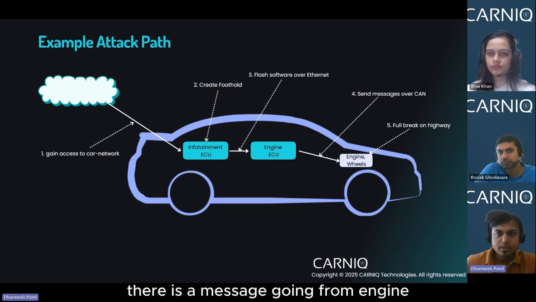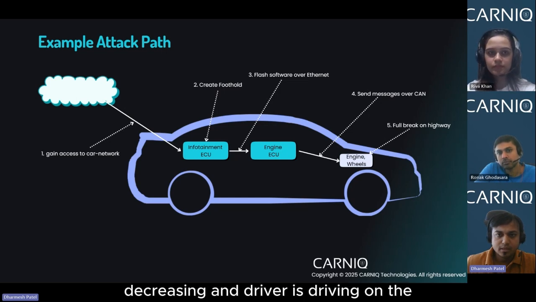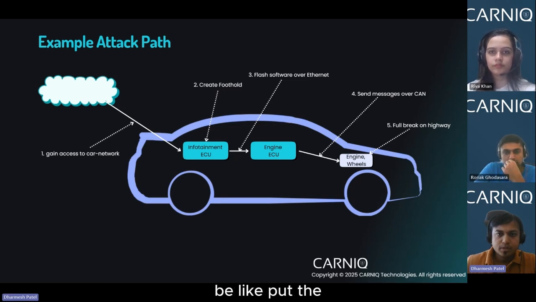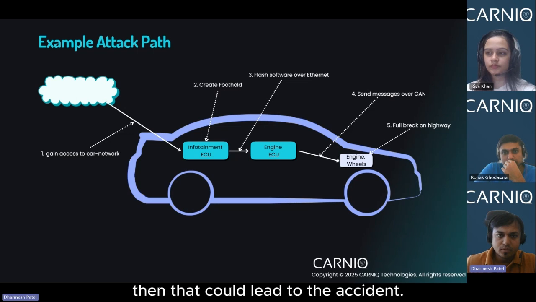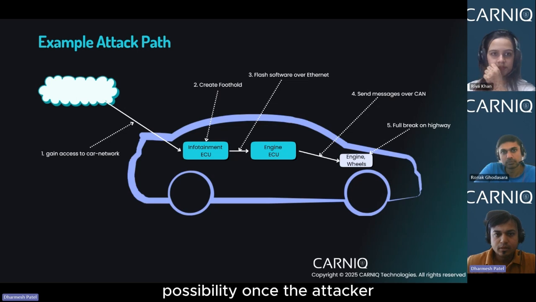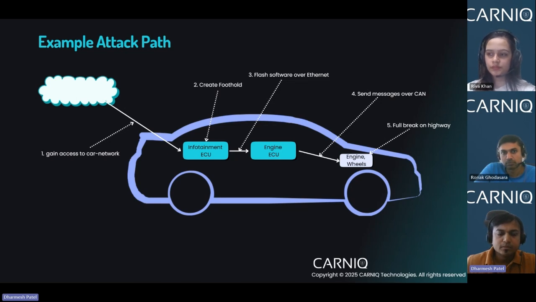For example, there is a message going from the engine control unit to the acceleration, increasing or decreasing, and the driver is driving on the highway, and suddenly the message would be to put the brakes on the wheel, then that could lead to an accident. So there could be endless possibilities. Once the attacker gets access to a particular component, he can act based on his motive. He can affect the driver, passengers, etc.